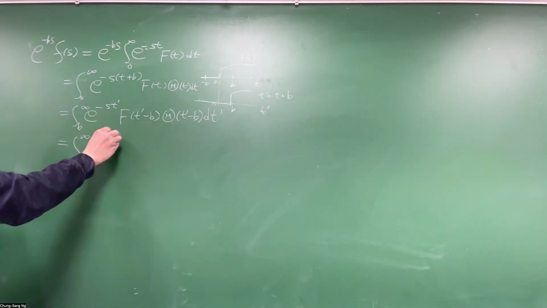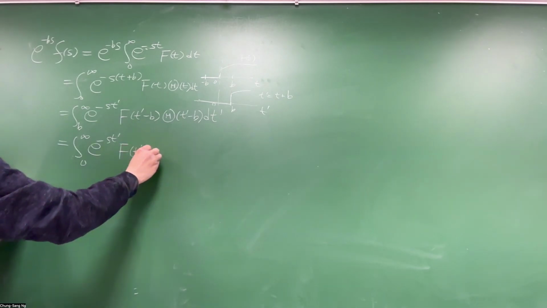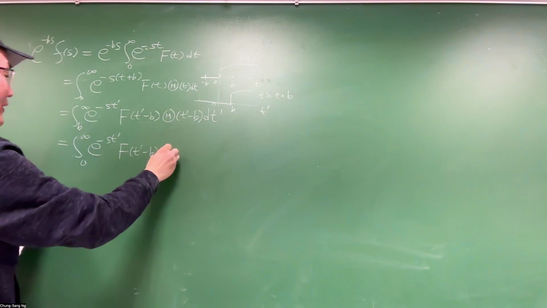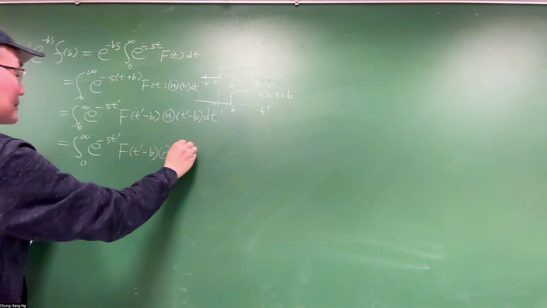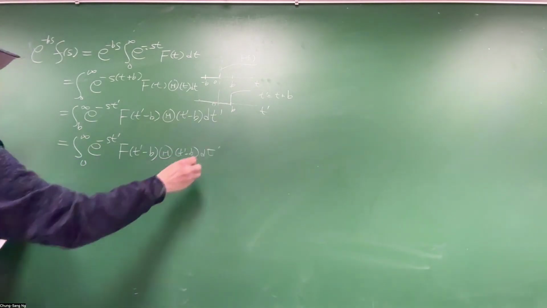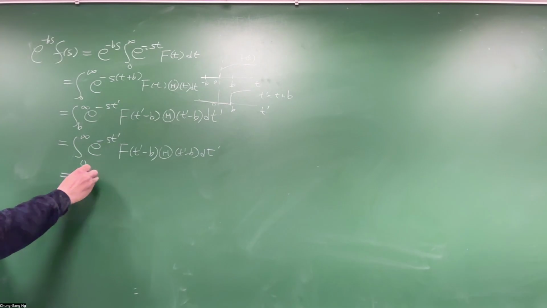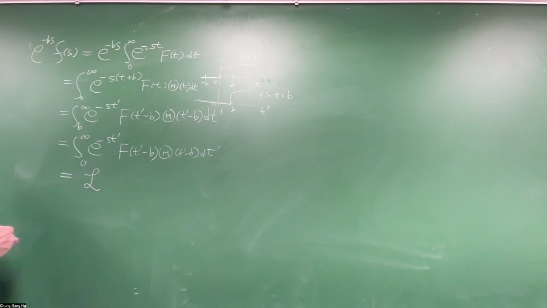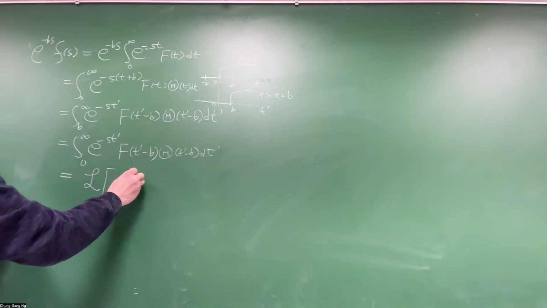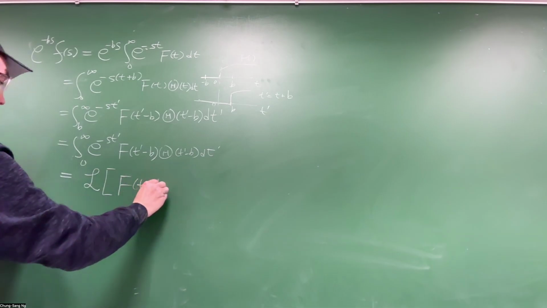So you have minus s t prime, f of t prime minus b, with this step function, theta of t prime, and then you just call it the Laplace transform of f(t minus b).